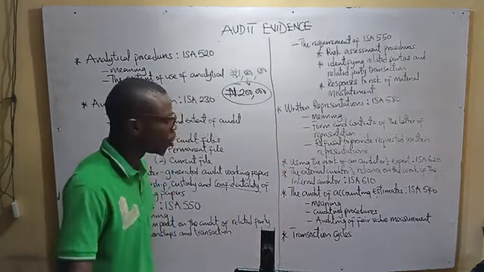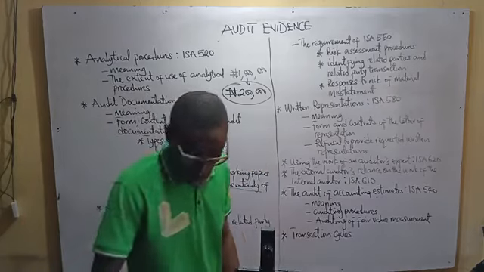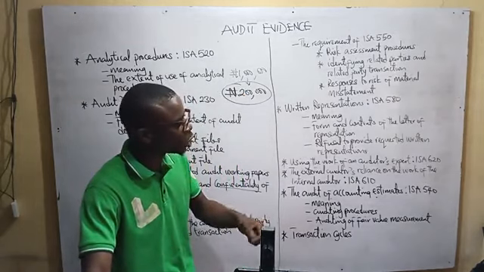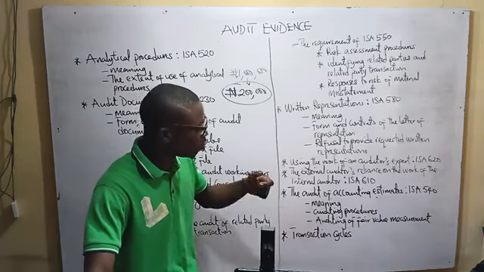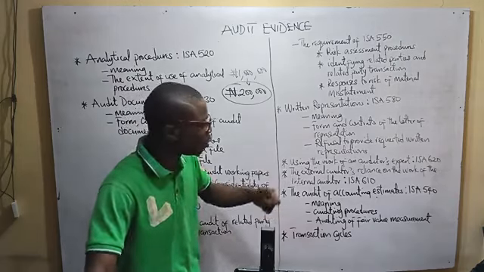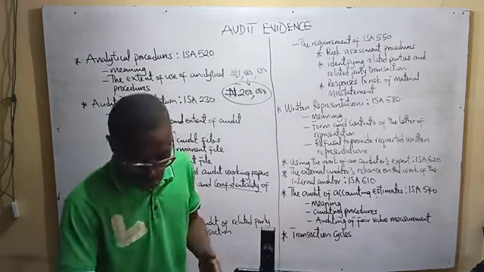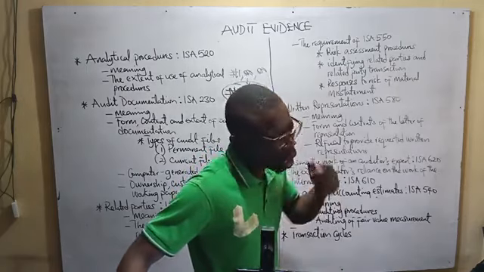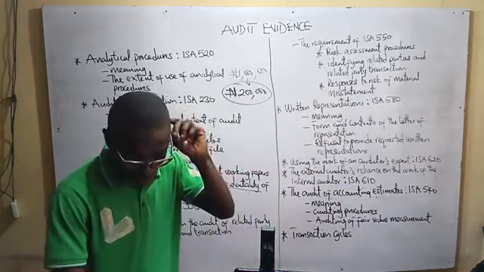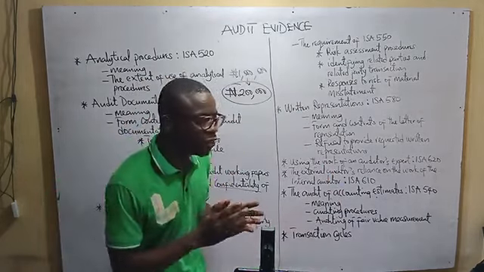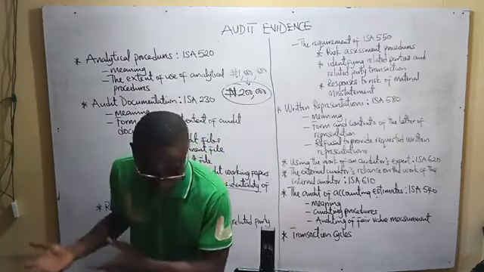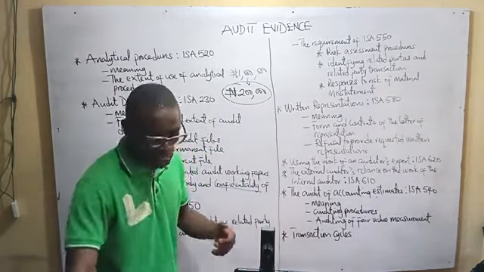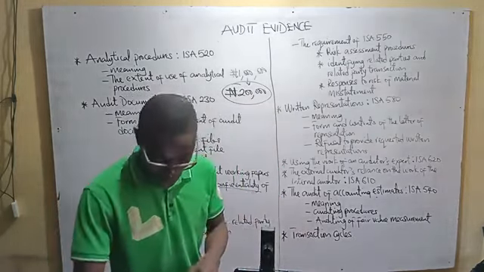Did they disclose the event or the transaction that leads to that accounting estimate? Did they disclose it in the financial statement? He will look at the nature of the estimate you use. Is it relating to assets, or is it relating to liability? So the auditor will look at these things.